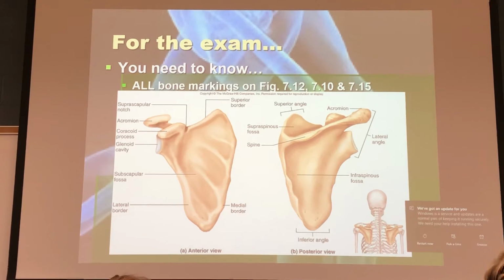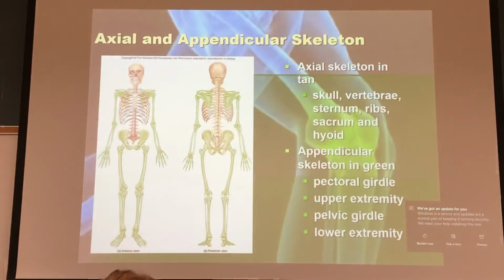For my bone test, you have to just know 3 or 4 bones total. So that should be okay, right? So sacrum, vertebrae, and scapula. Okay, so that's it. Those 3 bones are the only ones you need to know markings from.